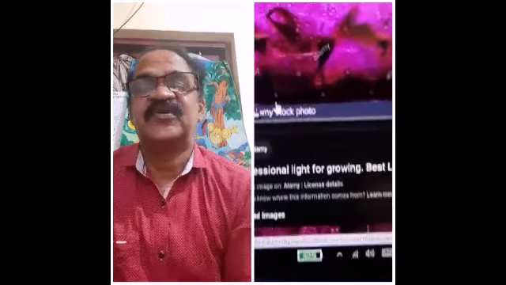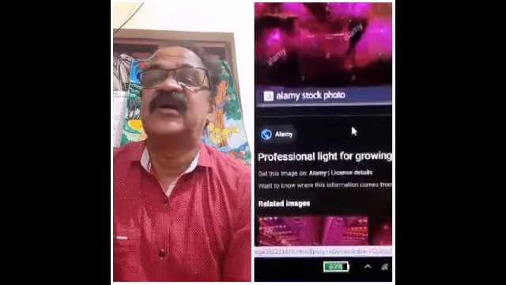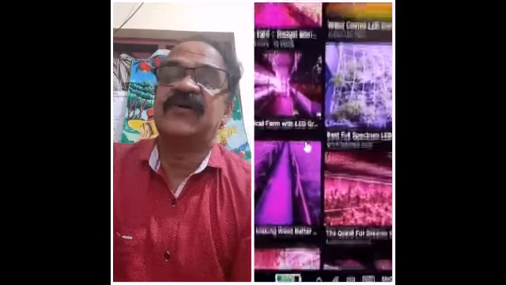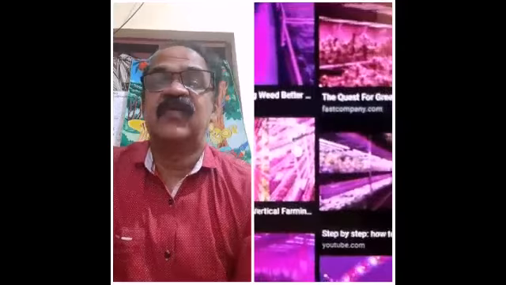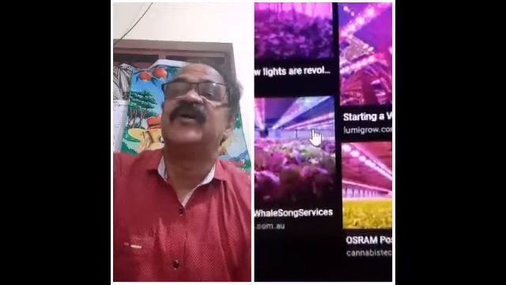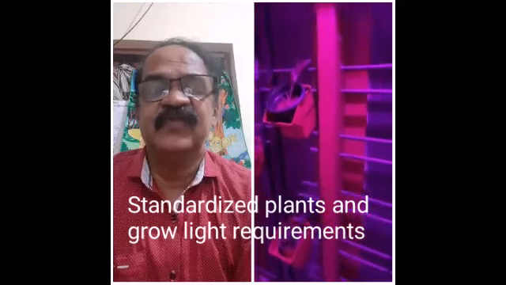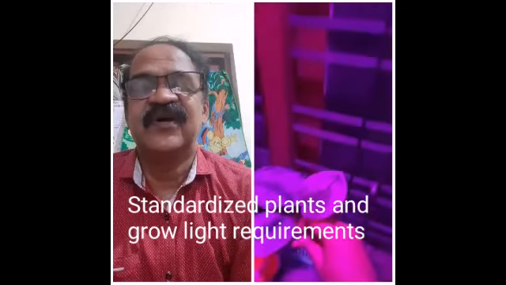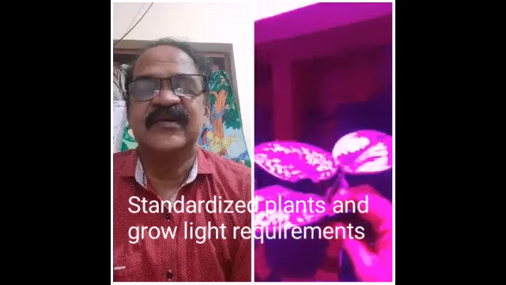For example, I said chlorophyll A and B are responsive to absorption of light, and far red is required for inducing early flowering, blue color for inducing more root growth, etc. Anyway, we can have trials standardizing each and every plant. Then only we can say that it can be used for growing lights.